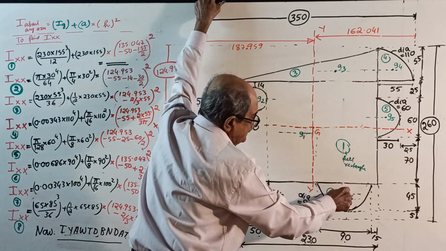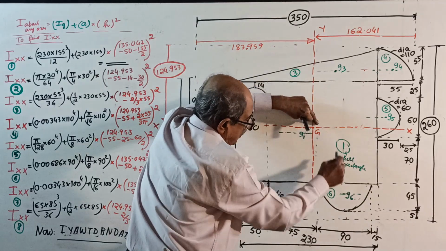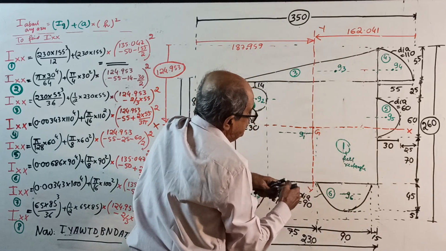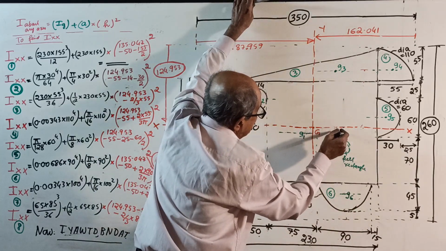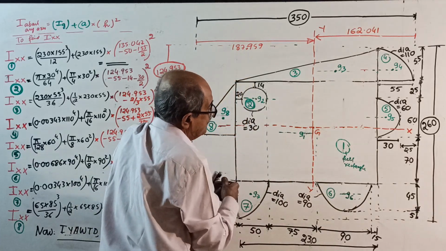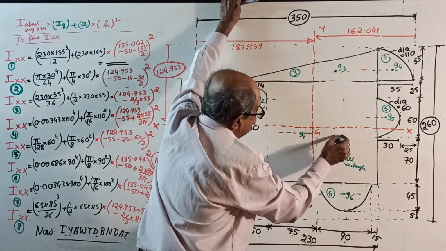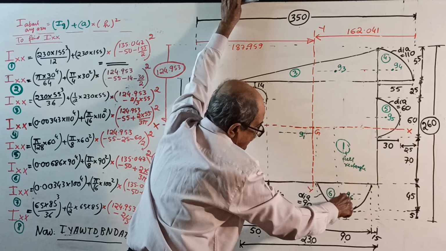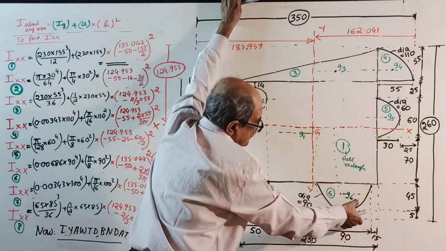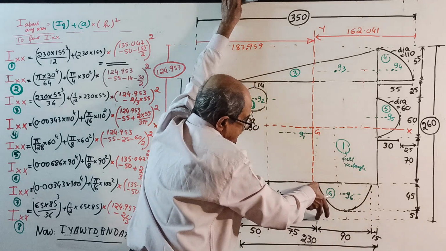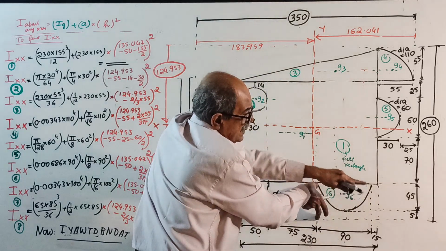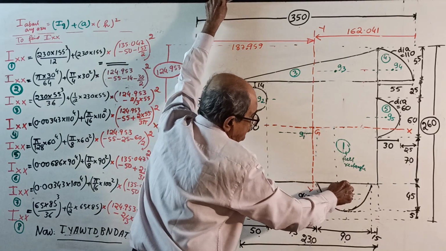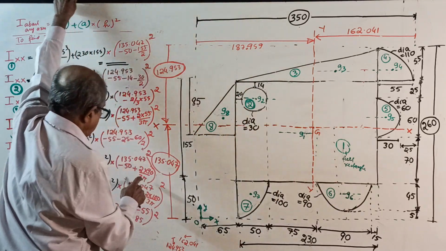Subtract, then add this distance. I will use red color. Okay, this is important. This is where confusion sometimes comes. This full distance minus this distance, which is 5 and 45, or here 50, both are the same, minus 50, plus 2d by 3π, whole square.